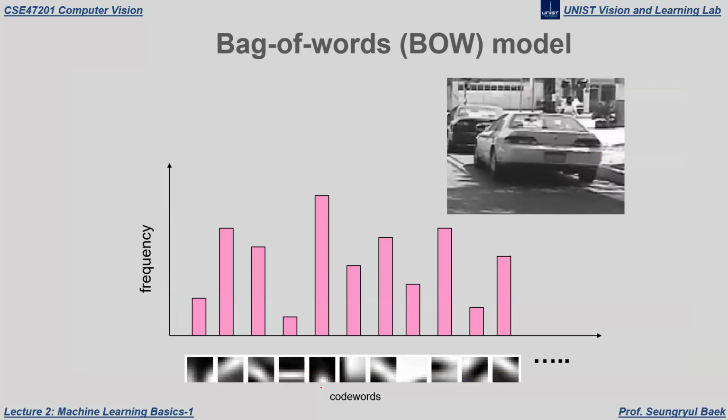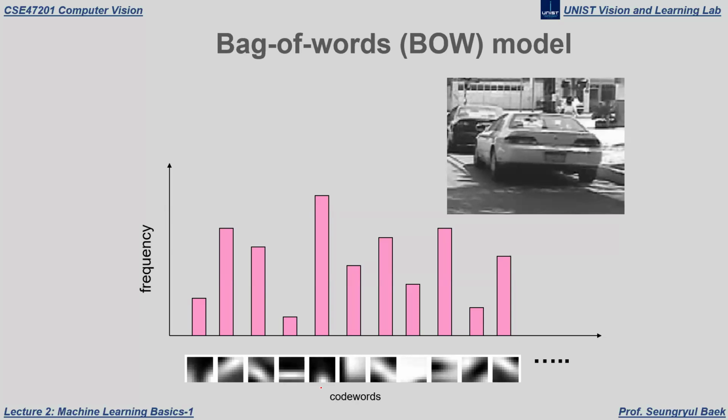And this bag of words model, nowadays we are no longer using it. This is quite a traditional approach to achieve image classification before deep learning. In the early 2010s, we used this bag of words model for describing each image.